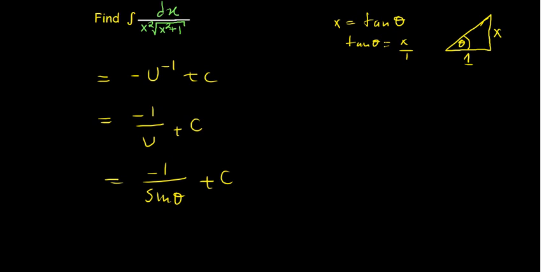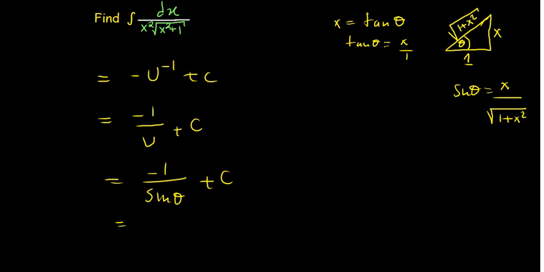And how do you find the hypotenuse? The hypotenuse is the square root of 1 squared plus x squared. So that will be the hypotenuse. And so where there is sin theta, how do you find sin? Sin theta is equal to opposite, which is x, over hypotenuse, which is the square root of 1 plus x squared.